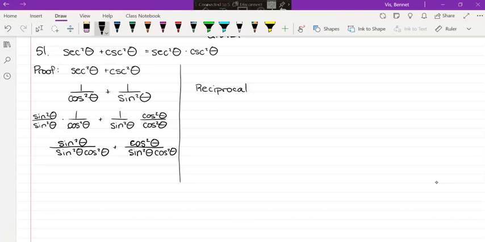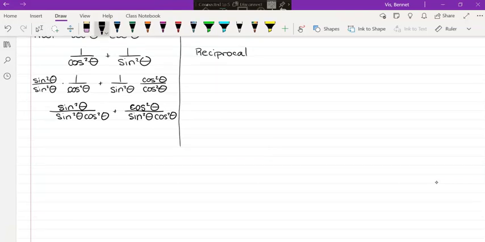That sine squared over sine squared times cosine squared plus cosine squared over sine squared times cosine squared is just sine squared plus cosine squared all over sine squared times cosine squared. And this is my home base Pythagorean property, that sine squared plus cosine squared is just 1.